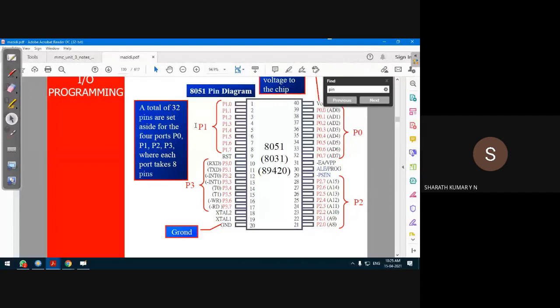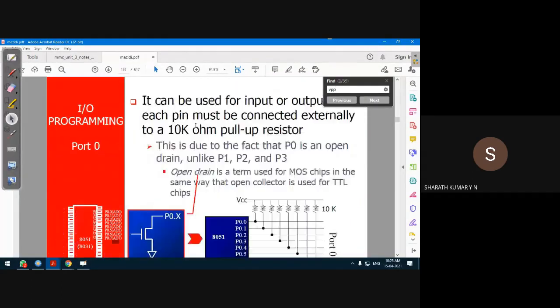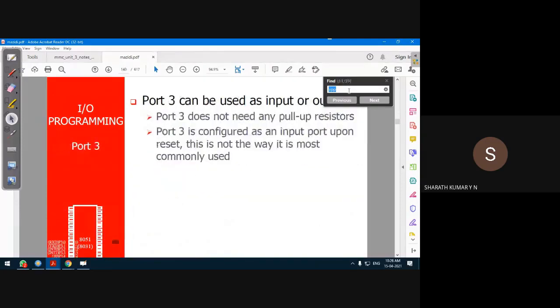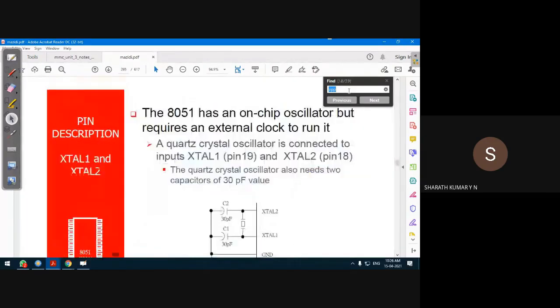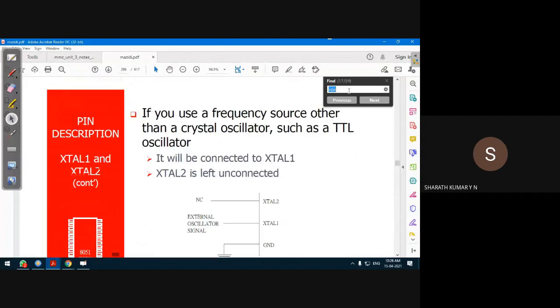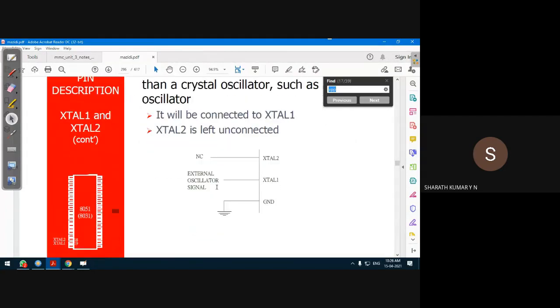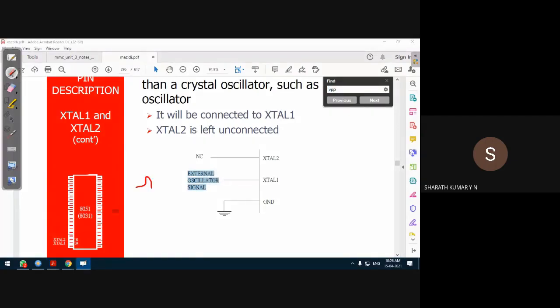This is what I was explaining actually. If an external oscillator signal is applied, that is clock pulses directly, then we can connect to either XTAL1 or XTAL2.